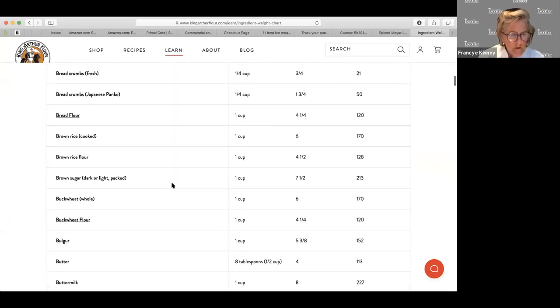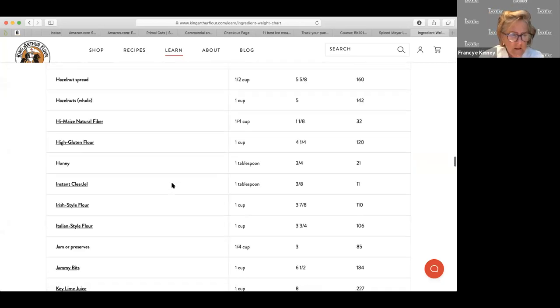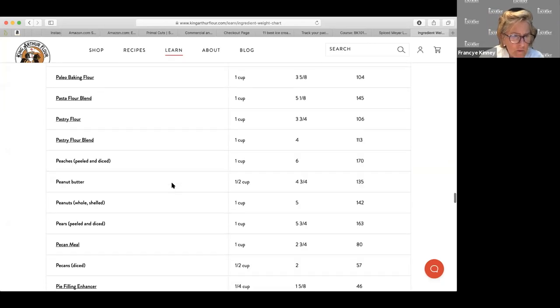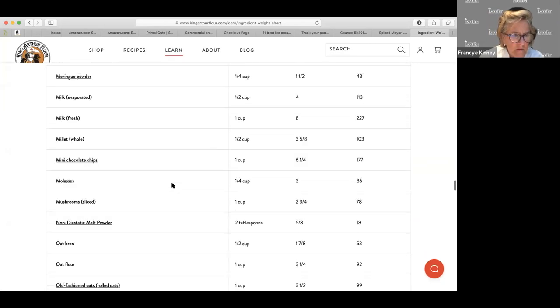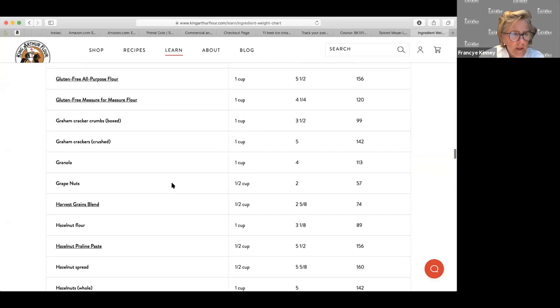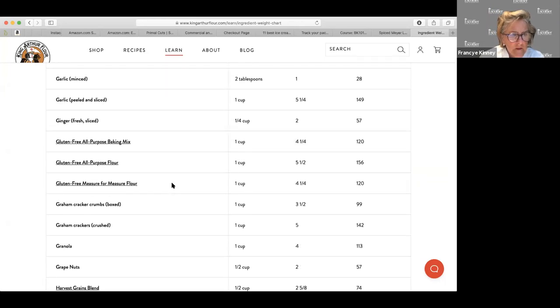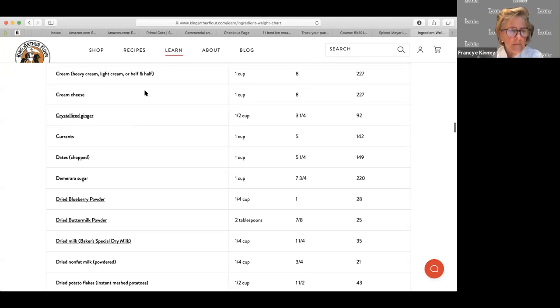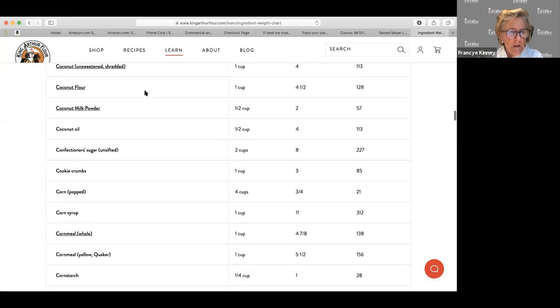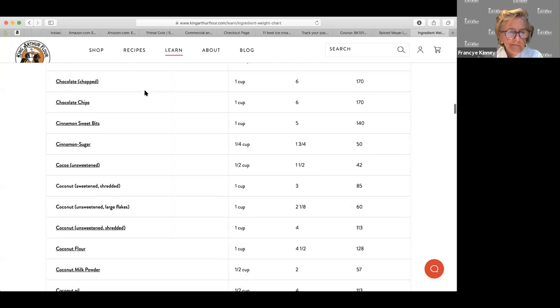Let's go to ginger. Doesn't everybody think ginger would be pretty close to cinnamon if we can't find it? They have fresh ginger, but they don't have powdered. So let's see what cinnamon is, and we don't have cinnamon either.